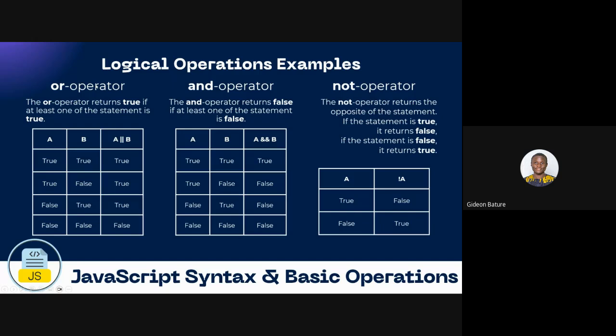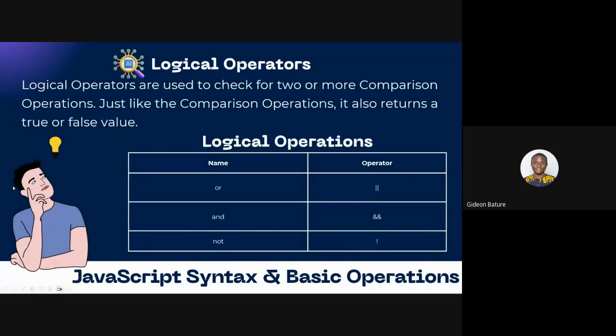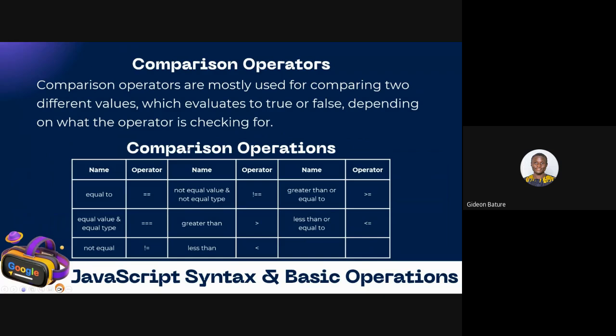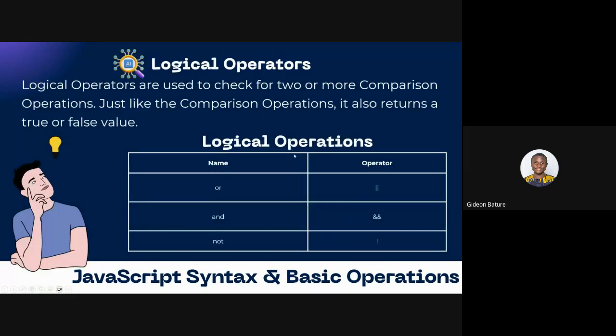Very easy. For your or operator, it returns true if just one of what you are checking for is true. Remember what I said, logical operators are used to combine two or more comparison operators. If I want to combine equal to and greater than, what will help me combine the two of them is my logical operators.